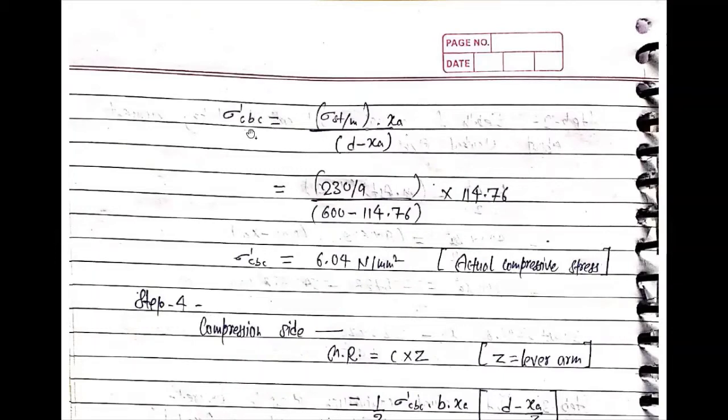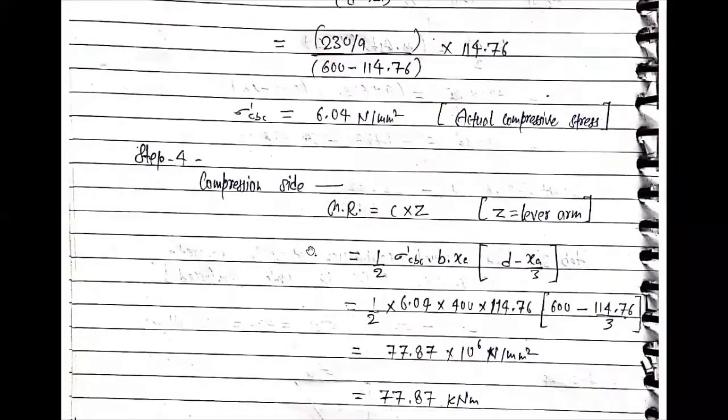So transposing all the variables on right hand side and keeping sigma dash CBC on left hand side and substituting the values, we get sigma dash CBC equal to 6.04 Newton per mm square, which is step 3. Step 4: in this step, we will calculate moment of resistance.